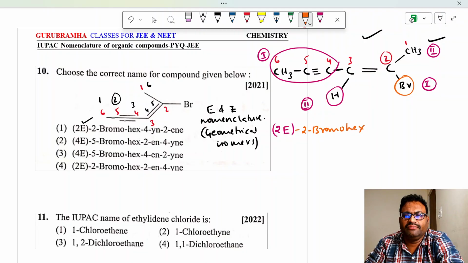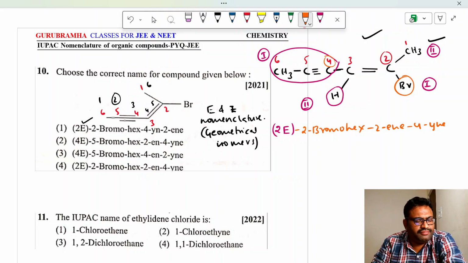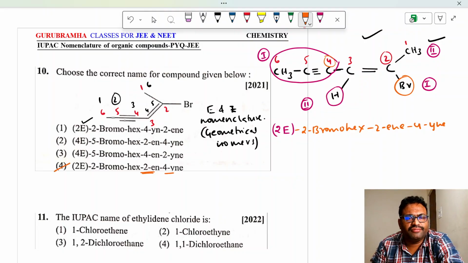So hex. At the second carbon atom we have ene, and at the fourth carbon atom we have yne. Triple bond at the fourth carbon atom. So where is this answer? So 2E, 2 bromo, hex, 2 ene, 4 yne. So this is the answer. Okay.